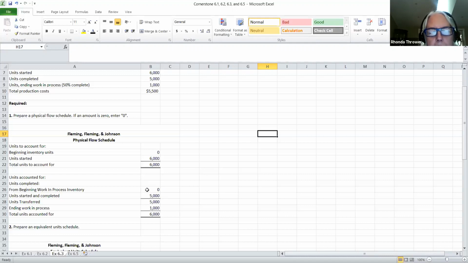So because we didn't have any beginning inventory, but we did have some units that we started and finished during this period, the total amount that we are transferring out is 5,000. The units transferred sometimes are also called units completed. So this 5,000 happens to be units transferred. The units transferred are all the units that we finish in the work in process account.